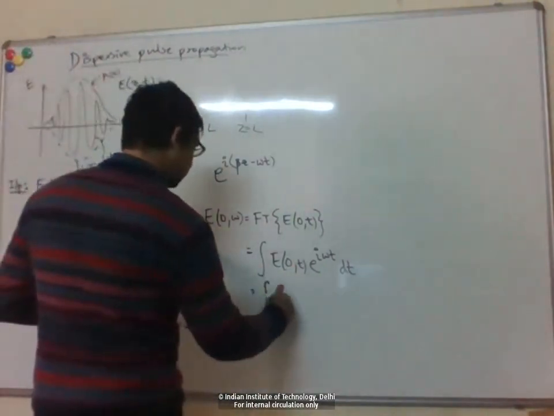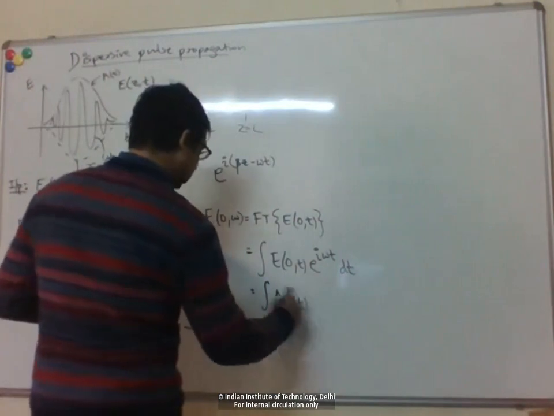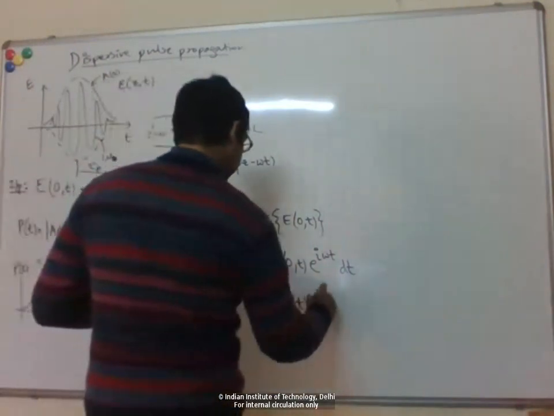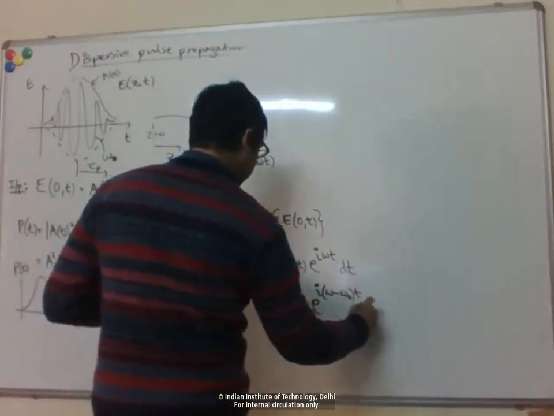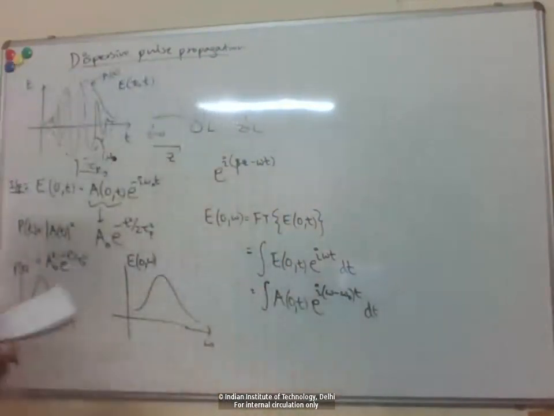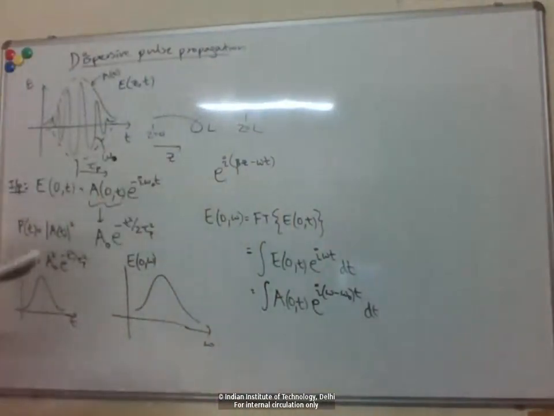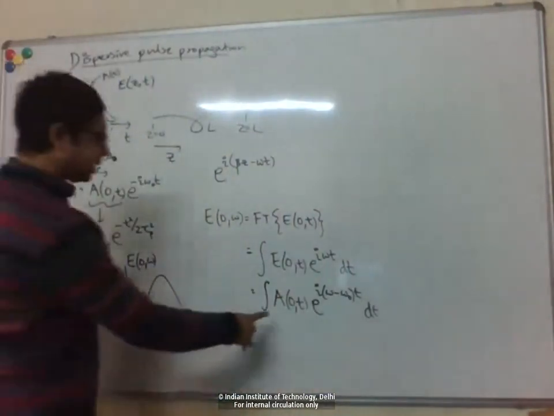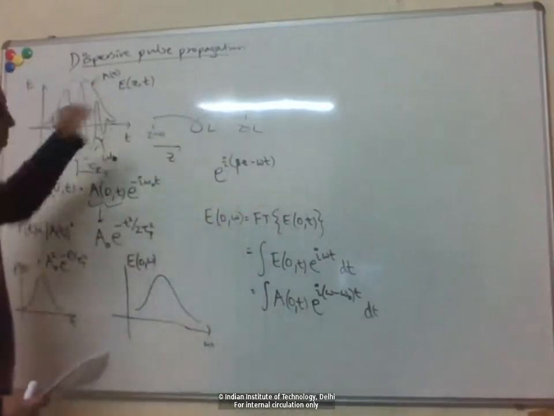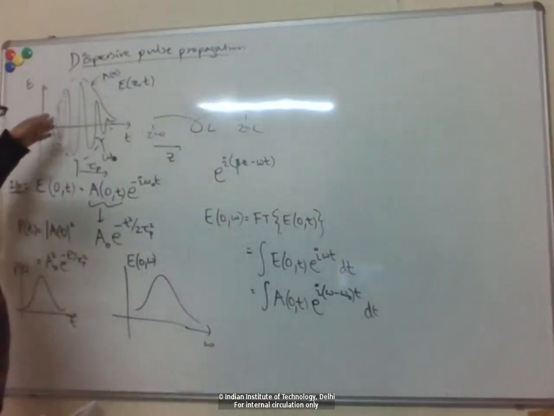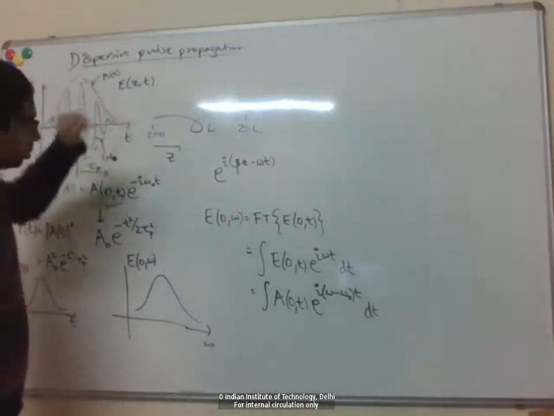So you see, I now get the input envelope multiplied by e to the i omega minus omega naught t, coming from here. This now looks like a Fourier transform of A, the envelope. It doesn't see the oscillation, just the envelope.